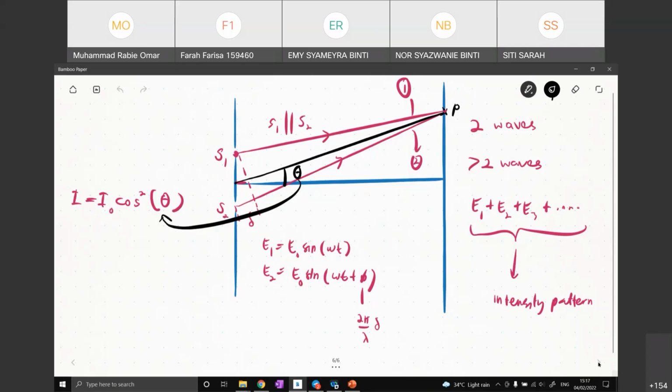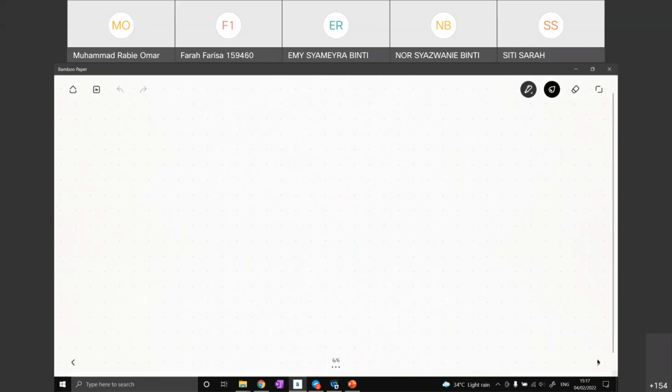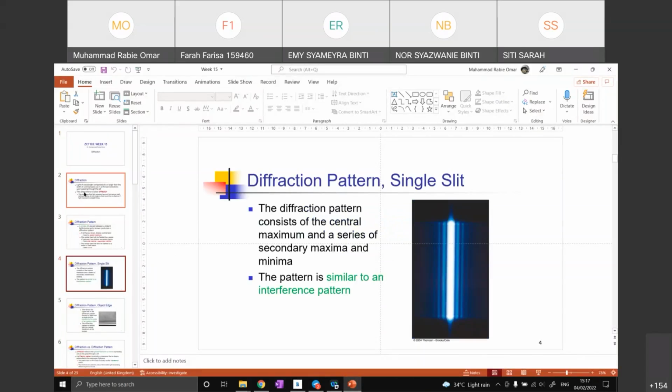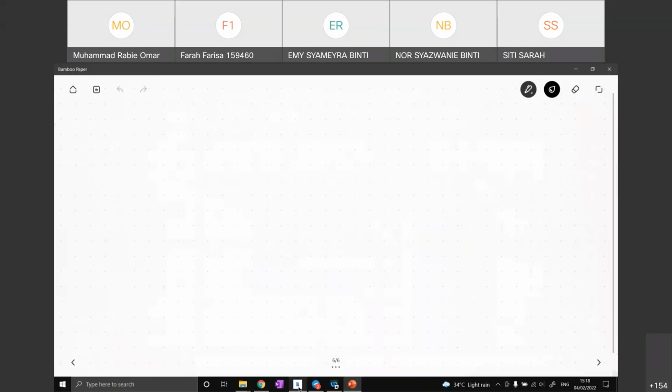And then moving on next, we have the diffraction. Of course, the diffraction involves allowing light rays to enter a small slit. For example, if I draw here, I have my single slit.